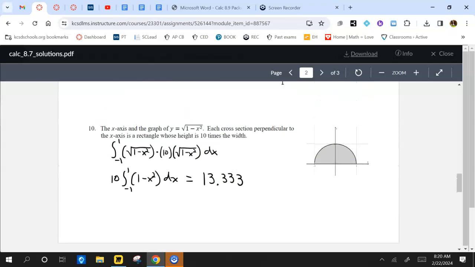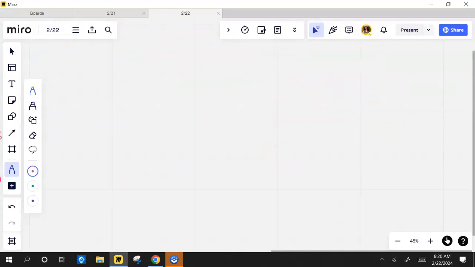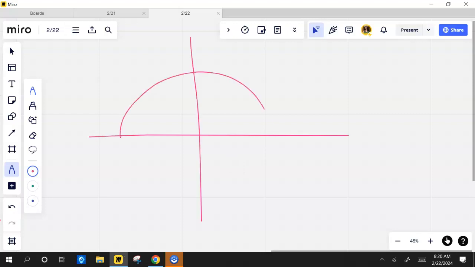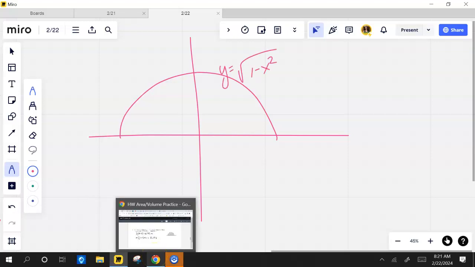X-axis, 1, let's see, rectangle. All right, let me draw. Square root of 1 minus x squared. This is y equals, what am I perpendicular to? I'm going against the x-axis.